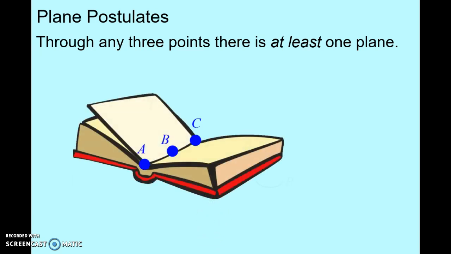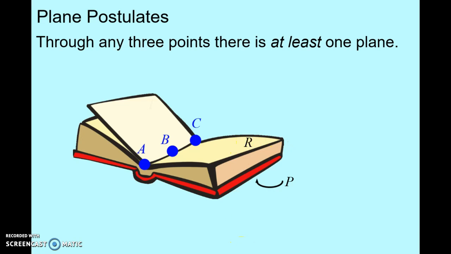If you think about an open book, you have several planes there that those 3 points and the line that contains them will all be on that plane. For instance, if you look at the bottom cover, call that plane P. Line A, B, C is on that plane.